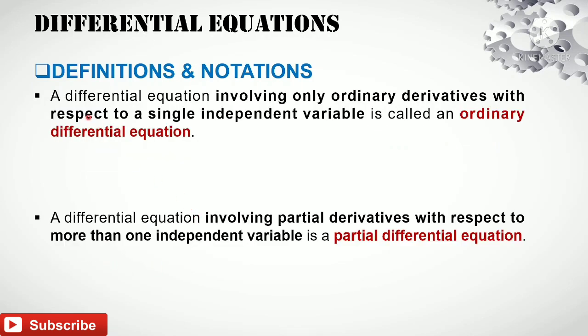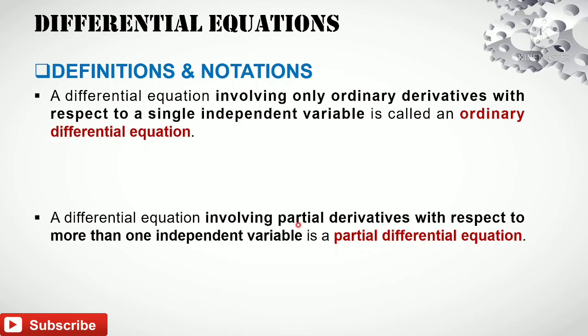Additionally, a differential equation involving only ordinary derivatives with respect to a single independent variable is called an ordinary differential equation. So it involves ordinary derivatives, therefore it is an ordinary differential equation. And a differential equation involving partial derivatives with respect to more than one independent variable is a partial differential equation.